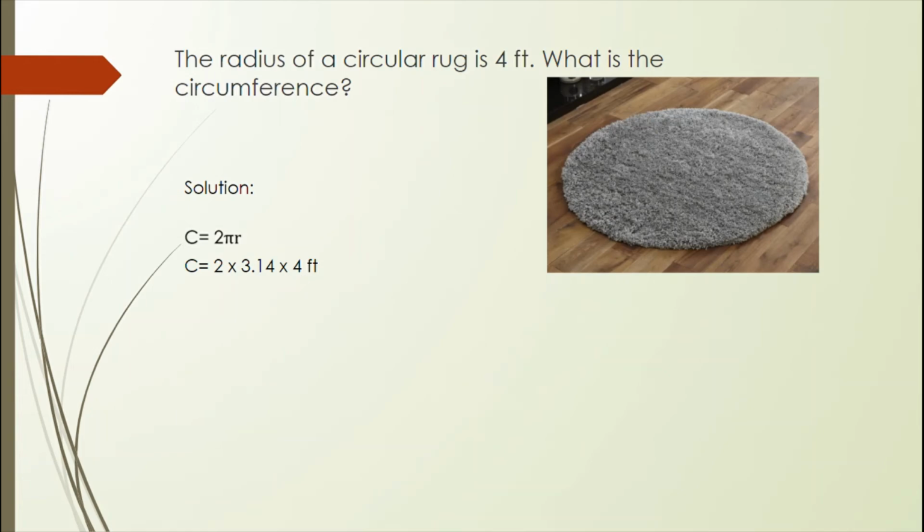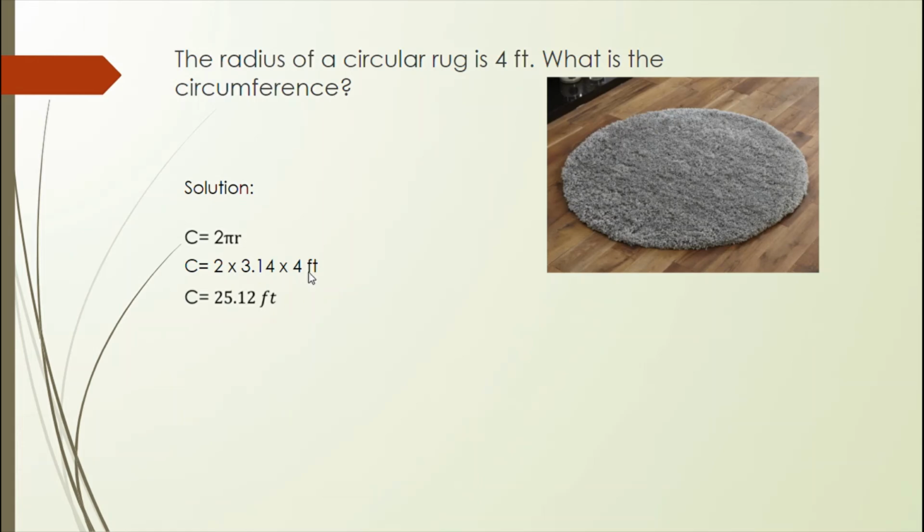Now, let us multiply. 2 times 3.14 times 4, we got the answer of 25.12 feet. So the circumference of the circular rod is 25.12 feet. All we have to do is multiply 2 times pi times the radius.